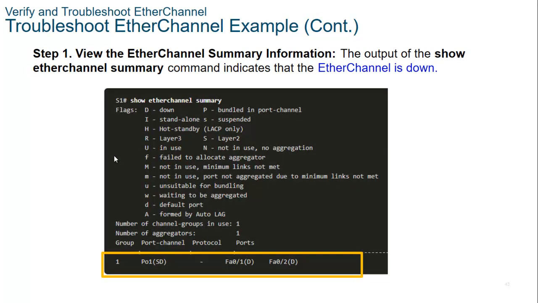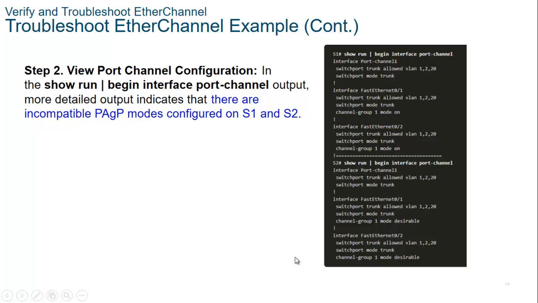So the first step towards troubleshooting is to view the EtherChannel summary information. The output shows us that the EtherChannel is down. Next, we view the port channel configuration, show run begin interface port-channel, and we see that there are incompatible EtherChannel modes configured on S1 and S2. We have information about port channel 1.